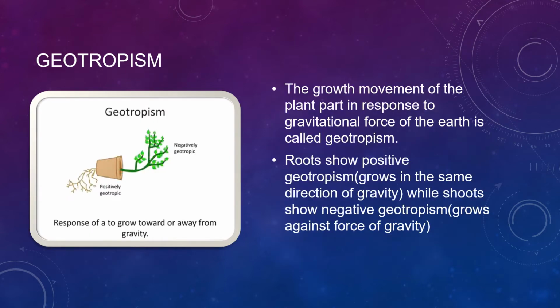Now here comes geotropism. As the name suggests, geo is the growth movement of the plant in response to gravitational force. Anything related to the earth's gravitational pull is geo. So geotropism means the growth movement of the plant part in response to the gravitational force of the earth. Now roots show positive geotropism and grow in the direction of gravity, while the shoot shows negative geotropic movement and grows against the force of gravity.